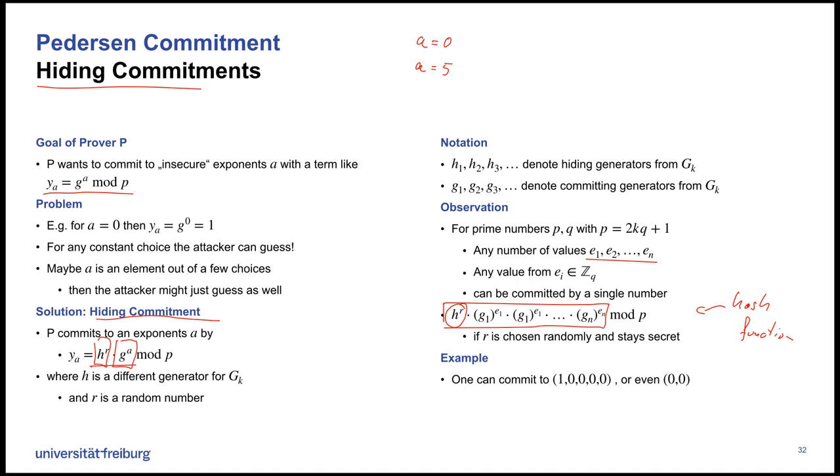Yeah, this, without the h to the r, it's a hash function, because it's uniquely defined. And what you need for the hash function is that there's no collision. So if you can produce a collision, when you have two numbers where you know that this number relates to this number, so you have a relationship between the exponents, you could somehow know that there's a linear relationship between the generators.